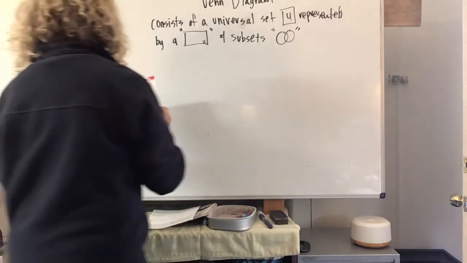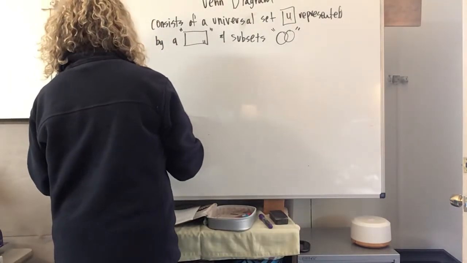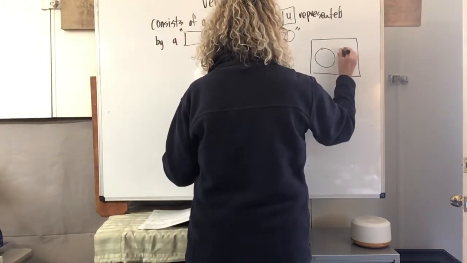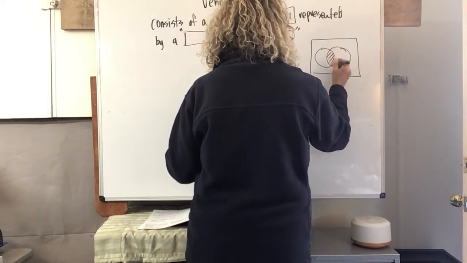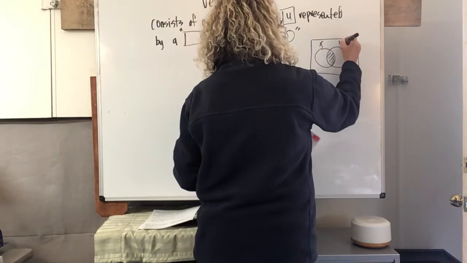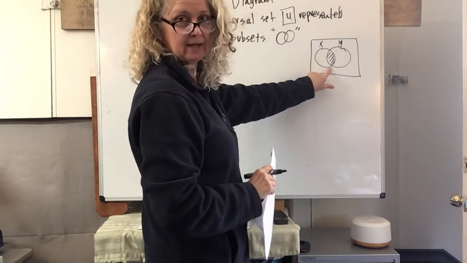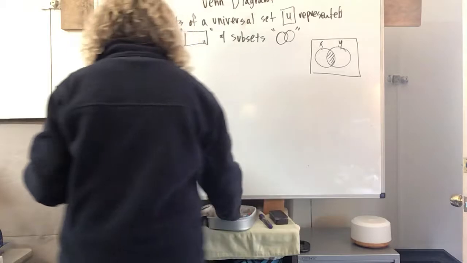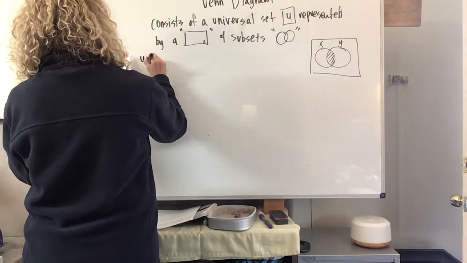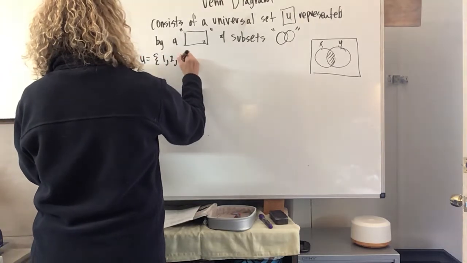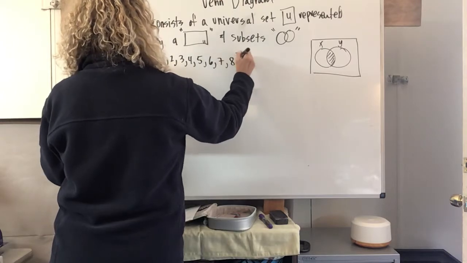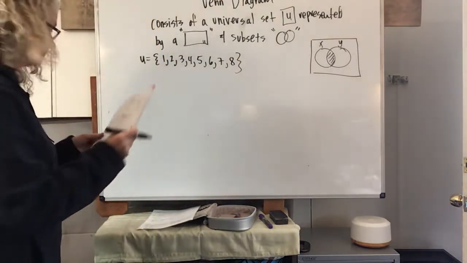So looking at this, for example, the only thing that I needed to cover was, hopefully you can see here, what is in both sets. So if this were set X and this were set Y, that would be in set X and Y. Now for these examples, U is the numbers 1 through 8.